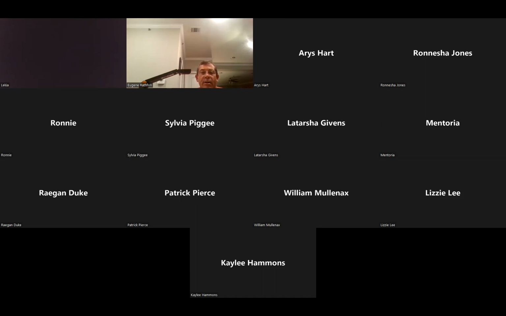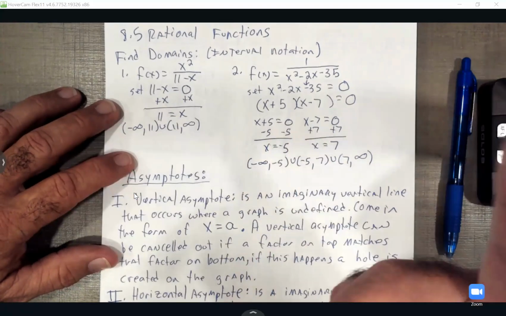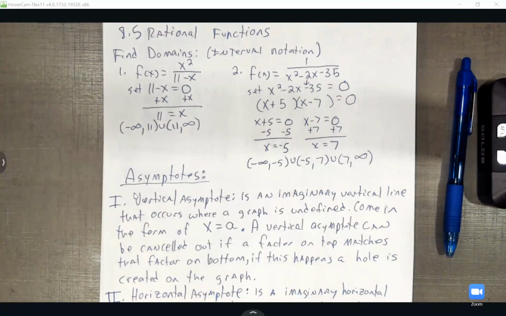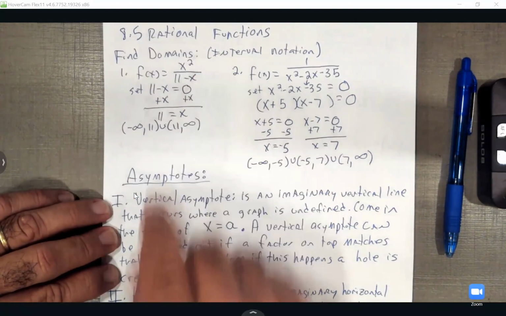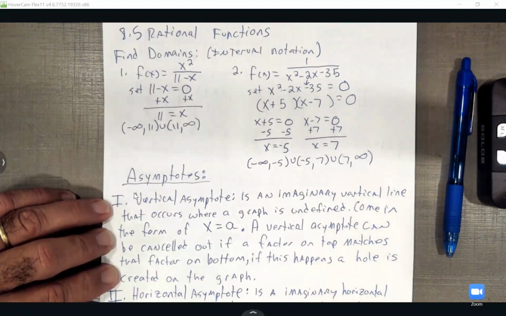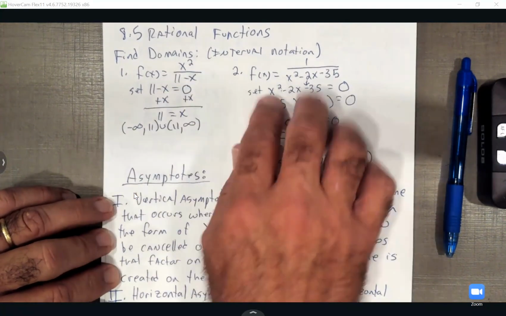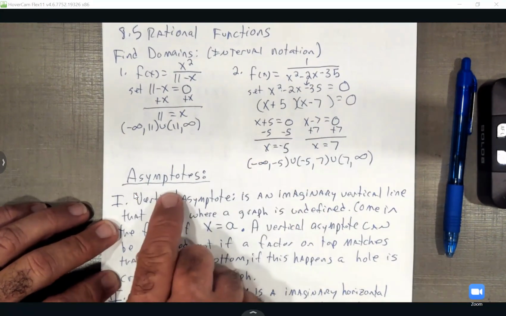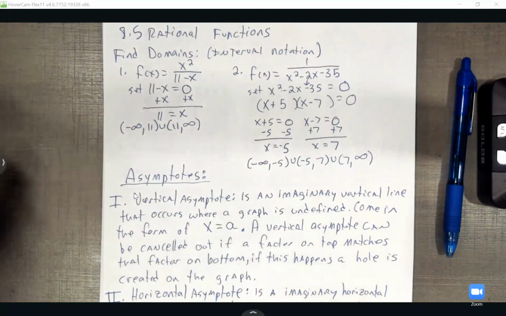So let me go to my screen. Oh, I was going through 8.5 and I just started it right after the 5.1. But it was still doing the domains. This one wants it in interval notation. And then I did 2 problems and then I got into the asymptotes. Okay, thank you.